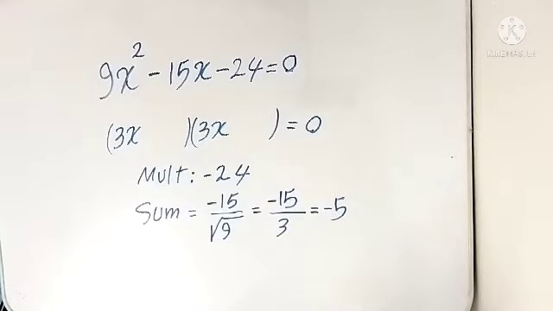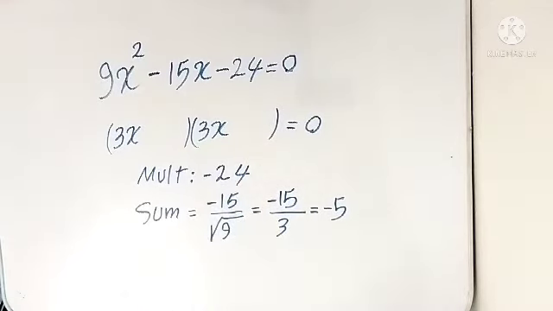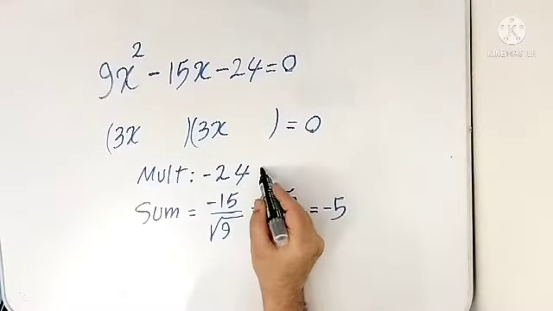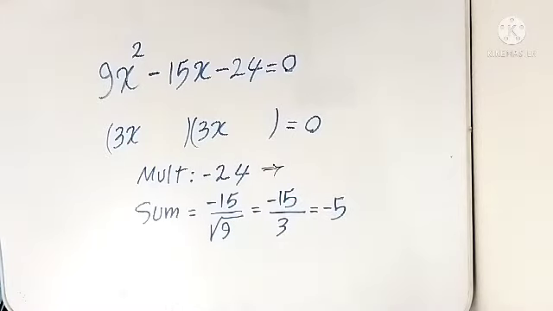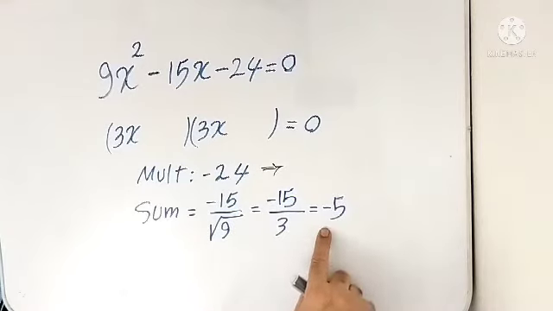If we pay attention to the sign of this number, it is negative, so of the two numbers that we must find, one is negative and the other is positive. The sum of these numbers is negative.